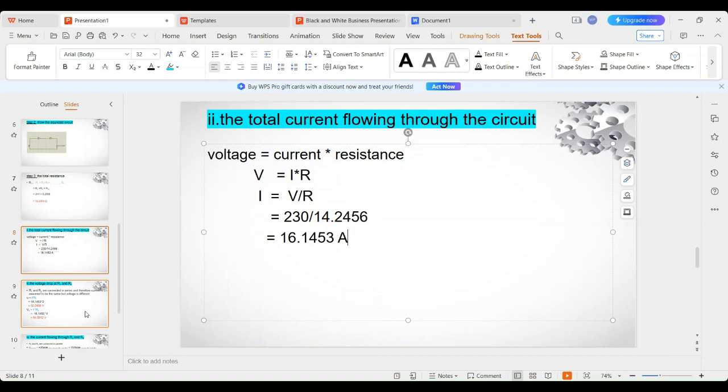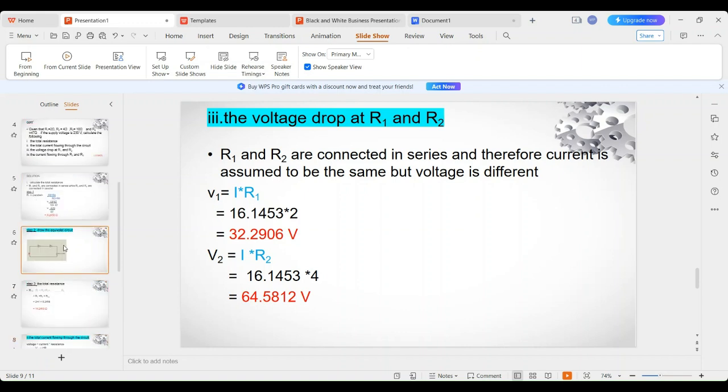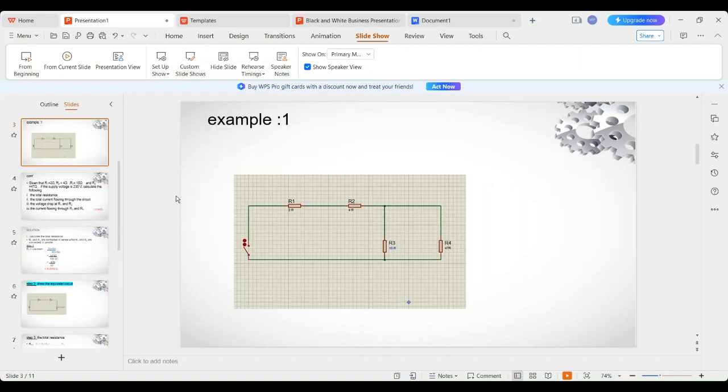So let's look at problem number three. Problem number three asks us to look for the voltage drop across R1 and R2. Let's go back to our circuit. This is our circuit. We know that the supply voltage from here is 230 volts.